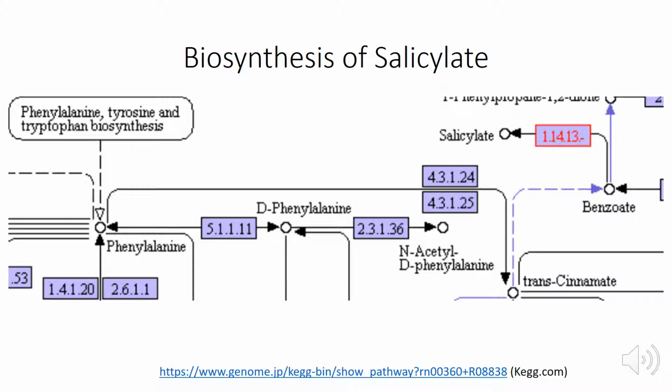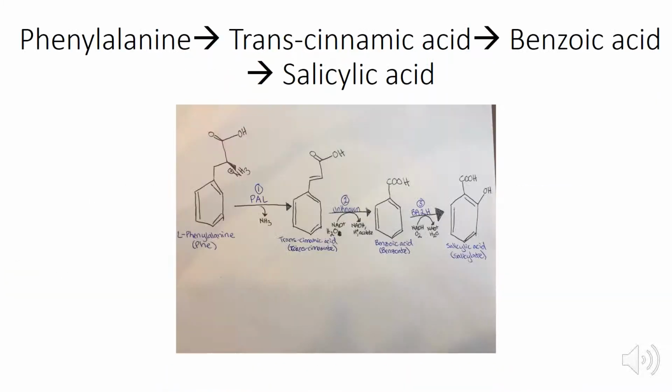Then reaction 3 is from benzoate to salicylic acid, and it is completed by benzoic acid 2-hydroxylase, which is referred to as BA2H, and we will not be going through the synthesis of that one.